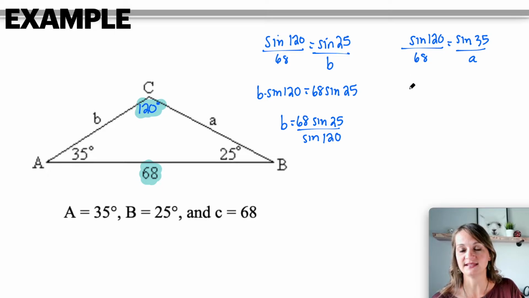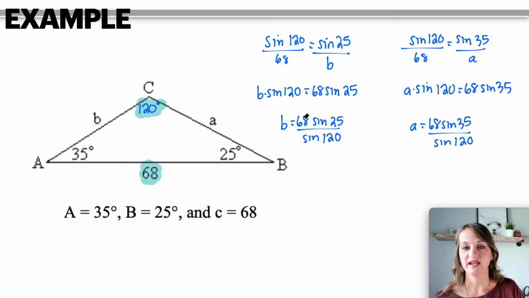And then little a is the same. A times sine of 120 is going to equal 68 times sine of 35. And divide. And now we can put these each into the calculator in order to find our answer.